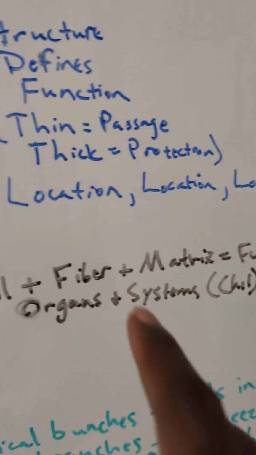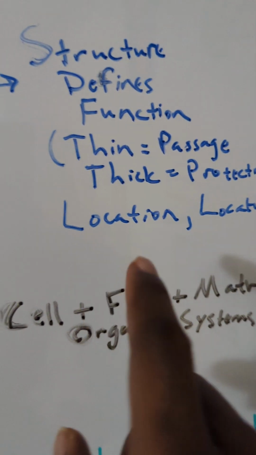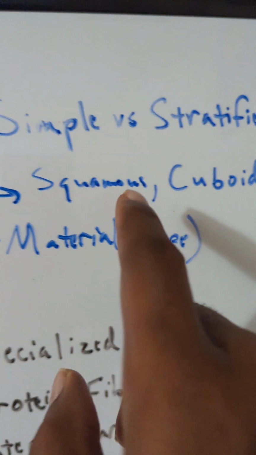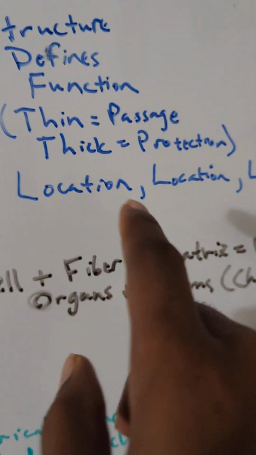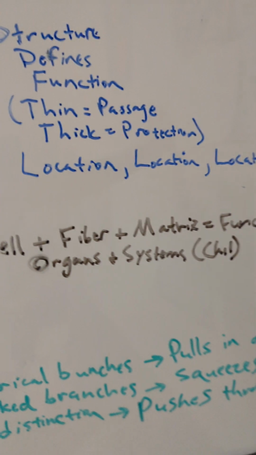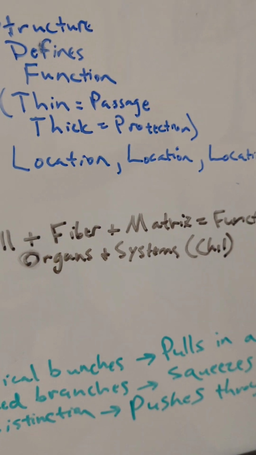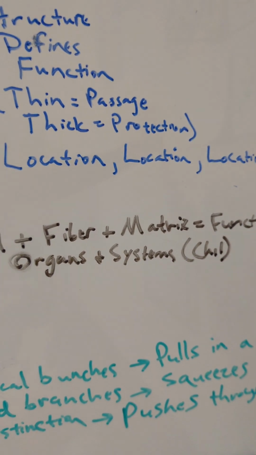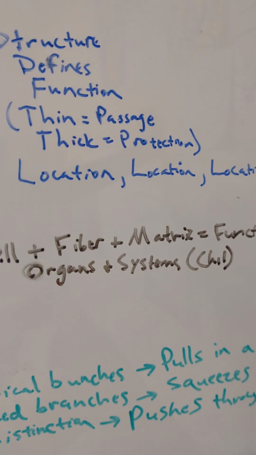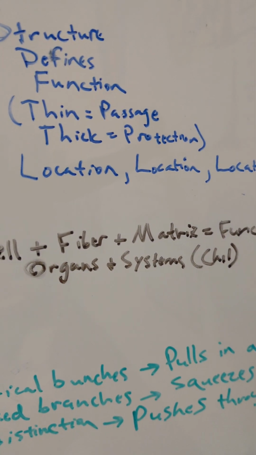And then the last thing to keep in mind is that once you've figured out its function, and once you've broken down what shape the cells are and how many layers of cells there are, that will play into its location, right? I would not expect to see simple squamous epithelium located in the stomach, right?